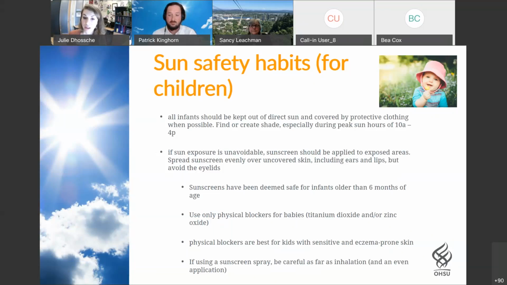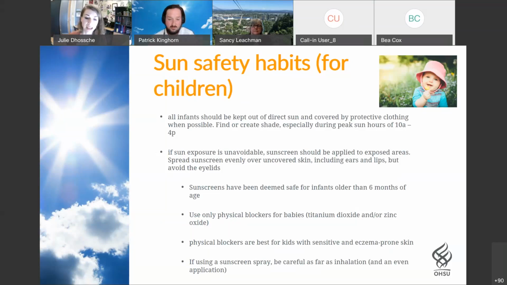Sunscreens are used in infants older than 6 months old. That's the official AAP recommendation, so American Academy of Pediatrics. If you are taking your baby out, using a physical blocker for any exposed skin, so that means a titanium dioxide or zinc oxide based sunscreen, and I'll talk a little bit more about that.